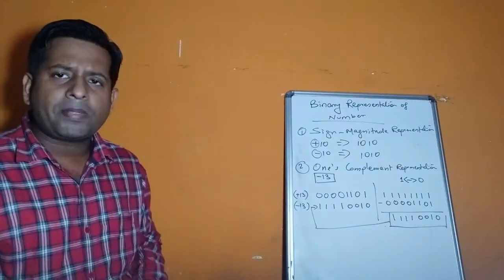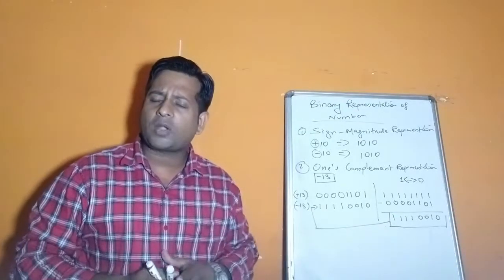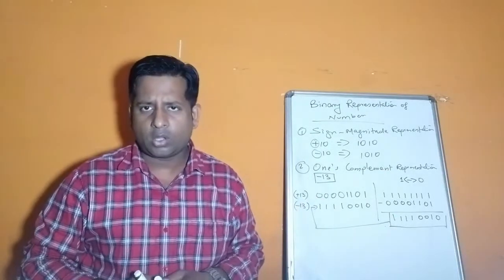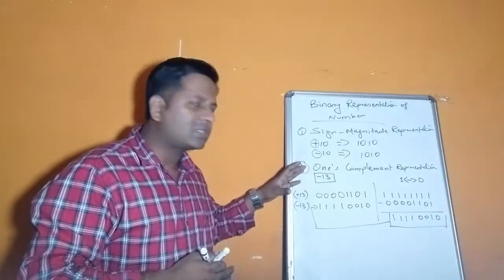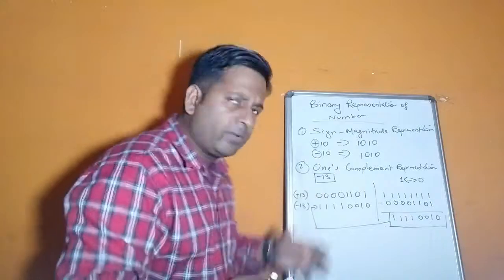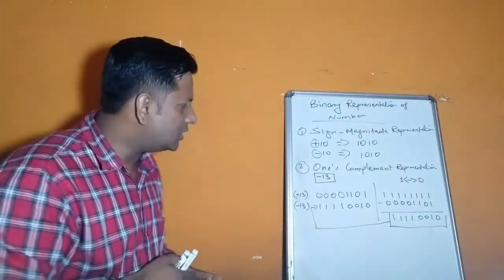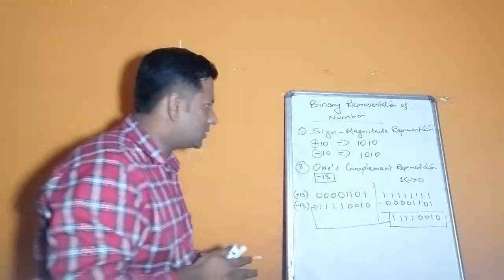According to 1s complement, you get the same thing when you subtract the positive part from all the bits on. Okay, so according to 1s complement, any positive number can be represented as a negative number by replacing 0 by 1 and 1 by 0. Clear children? Now let us move to another part.